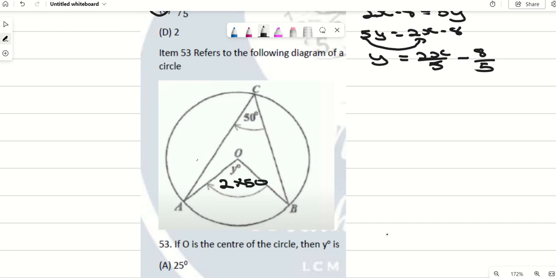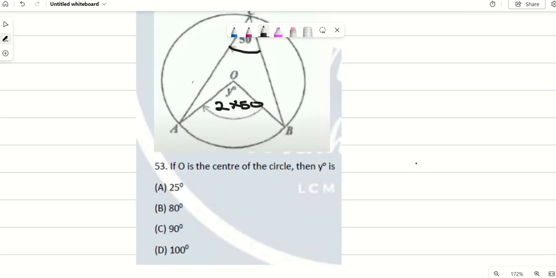It's always, guys, the Y underneath is this angle on top multiplied by 2. So it's 2 multiplied by 50, which is 100. So D would be your answer. All you need to do is, if you see an object like that, know that the angle below here is twice the angle above here. So D would be your answer.